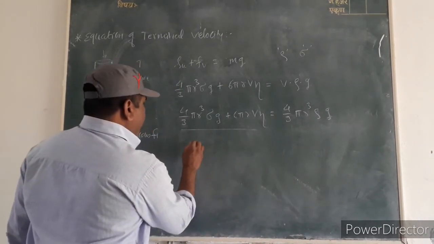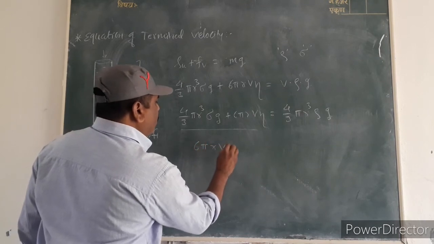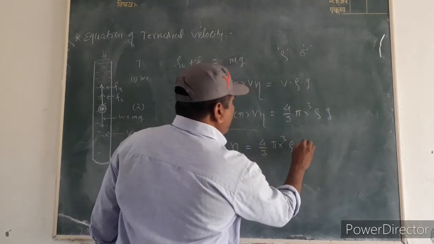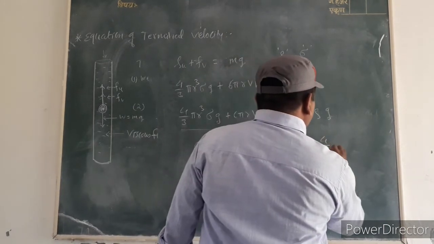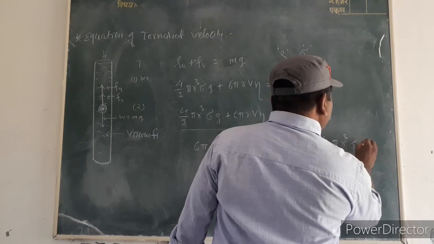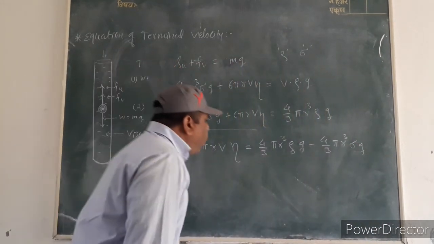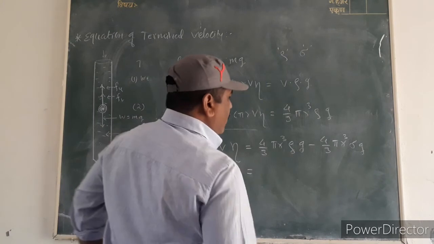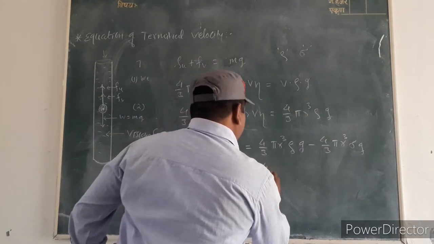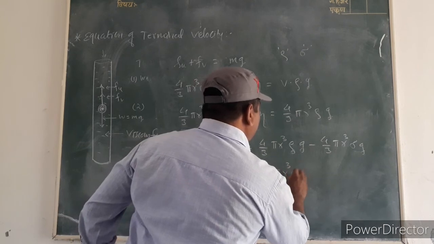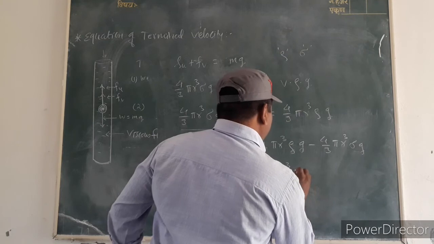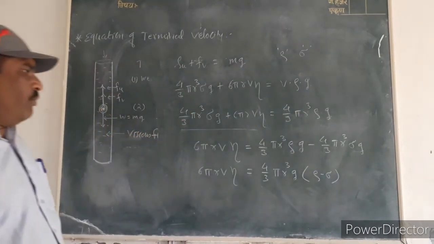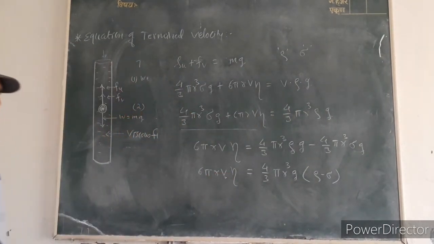Therefore, after simplifying, 6 pi r v eta is equal to 4 by 3 pi r cube sigma g minus 4 by 3 pi r cube rho g, that is 4 by 3 pi r cube g into the bracket sigma minus rho. Now we find the value of v, and that v is called the terminal velocity.